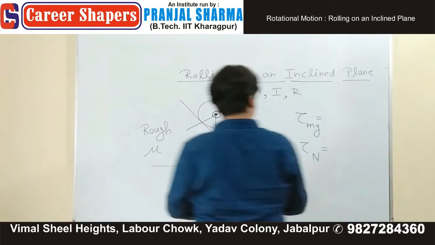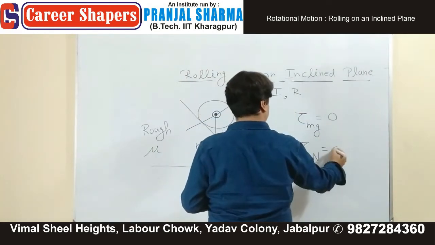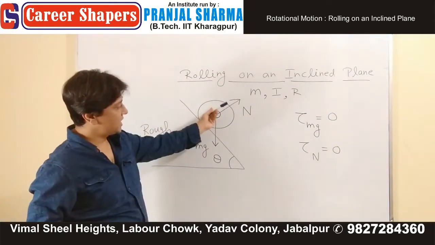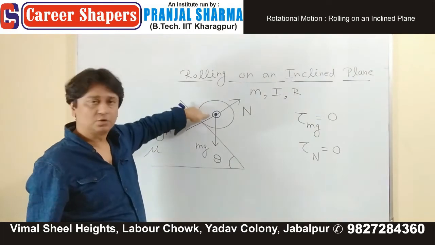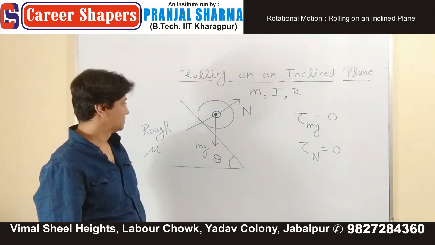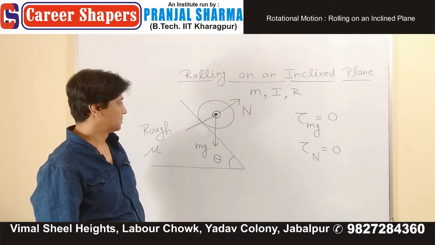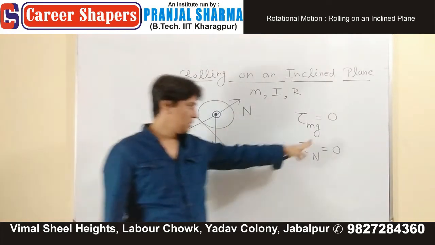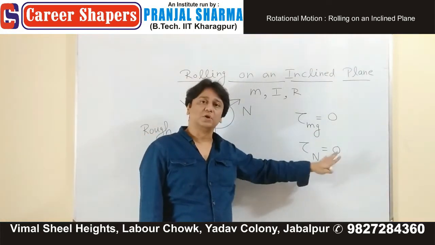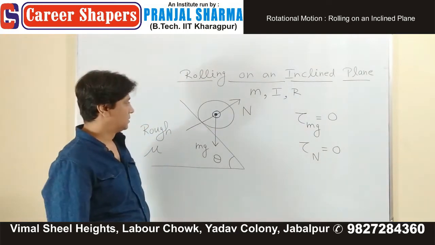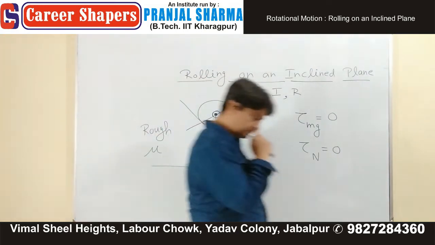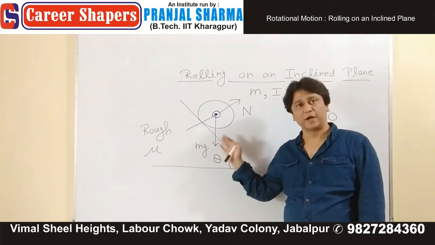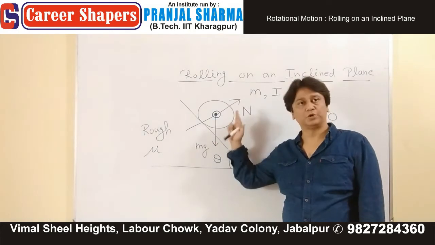Good. They both will have zero torque. Why? Because both these forces, normal reaction and mg, they are passing through the axis of rotation. And if a force passes from the axis of rotation, its torque is what? Zero. Which tells us what? What is that which is producing rotational motion?